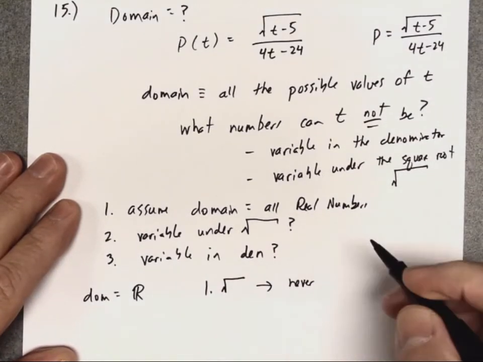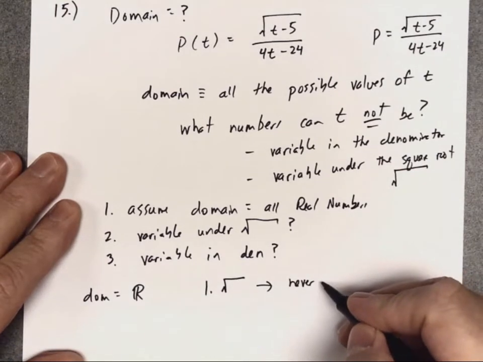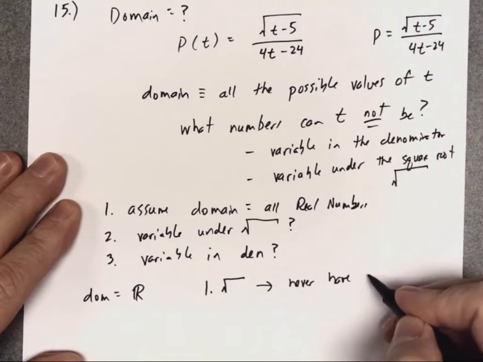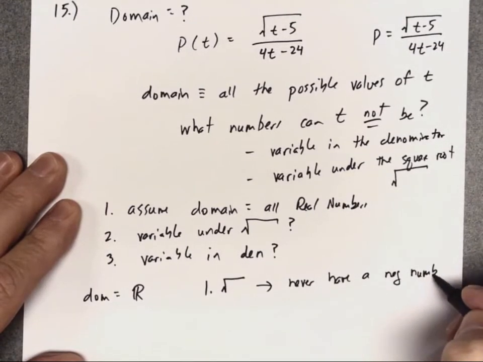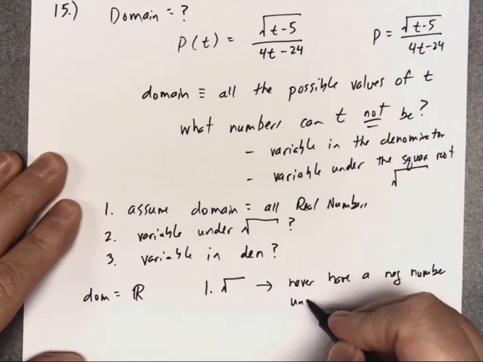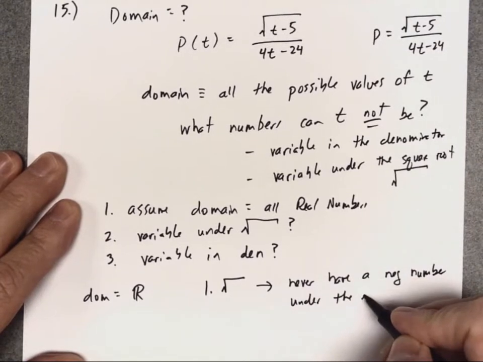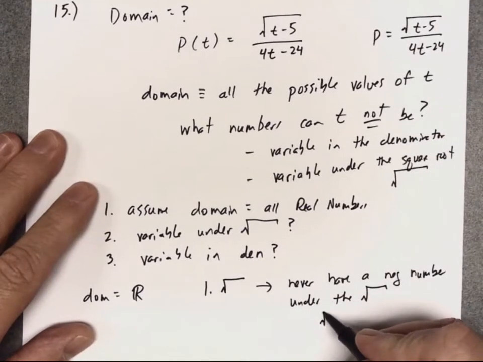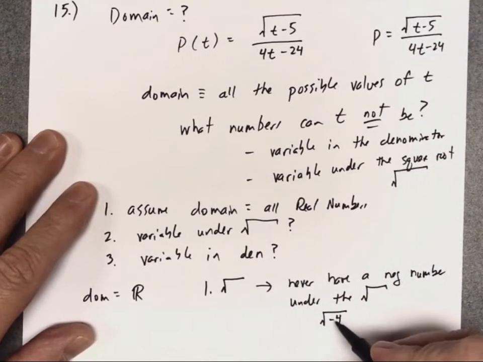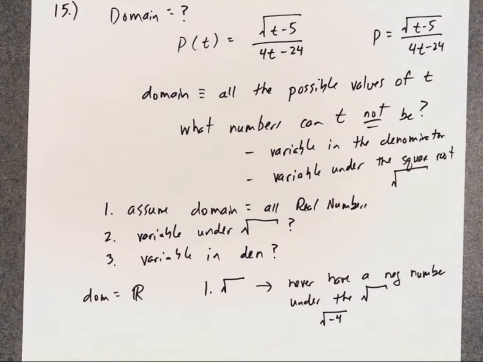Well, if you remember, you can never have a negative number under the square root. In other words, I can never have a situation where I have something like square root of negative 4, because it's impossible. That number does not exist. I cannot take the square root of a negative number.